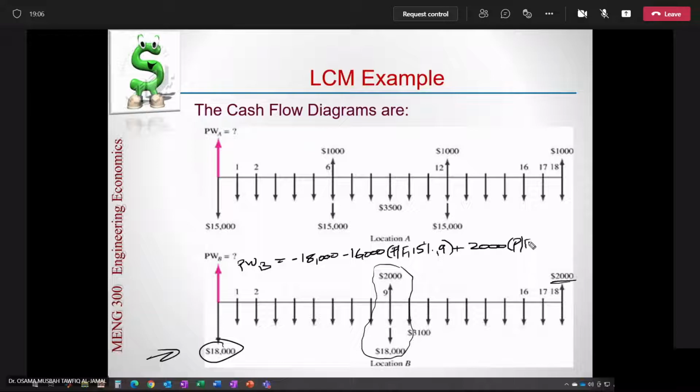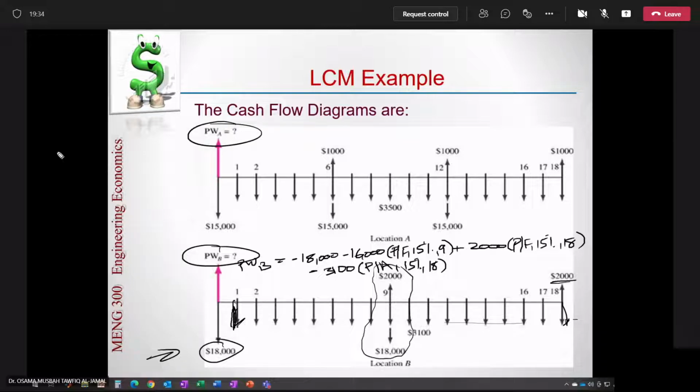P giving F, 15%, 18. Now this annuity, which started year 1 up to year 18, continuous, minus 3,100. P giving A, 15%, 18. That's if you want to find for those two.